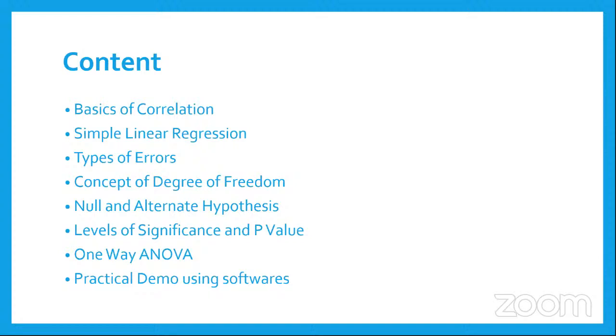Then I'll be talking about the two types of error that we commit during experimentation and the concept of degree of freedom. What are the hypotheses, null hypothesis and alternate hypothesis? What are the probability of errors and level of significance, and analysis of variance? And if time permits, then we will of course go for a practical demo using some software like Excel and Visio.